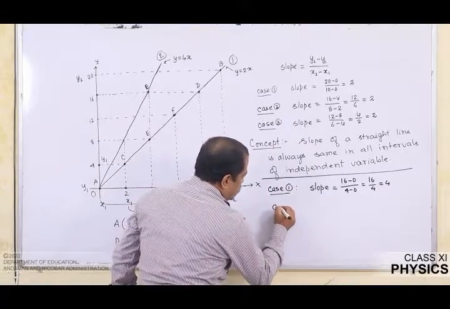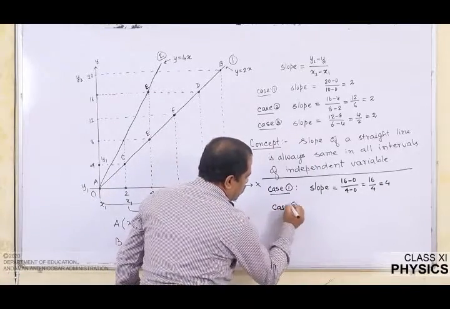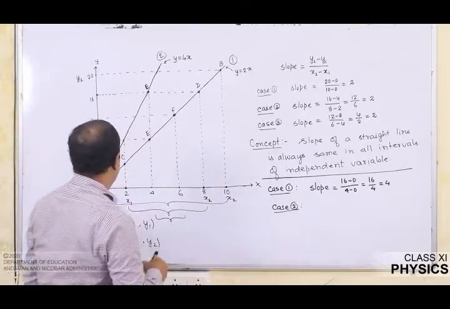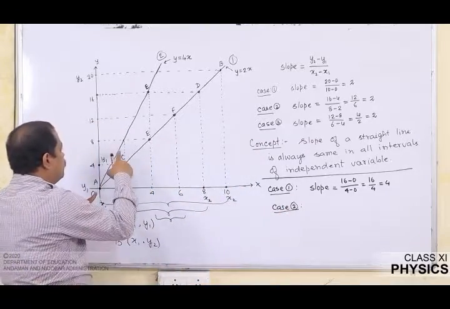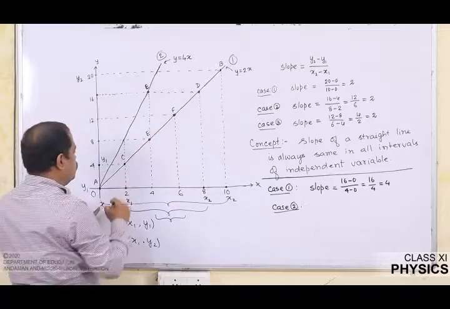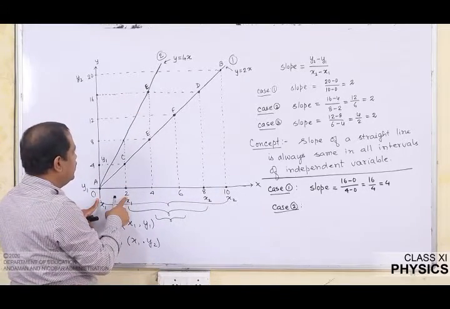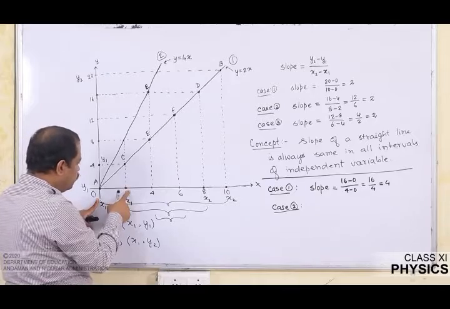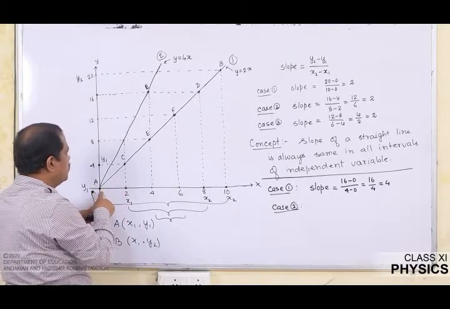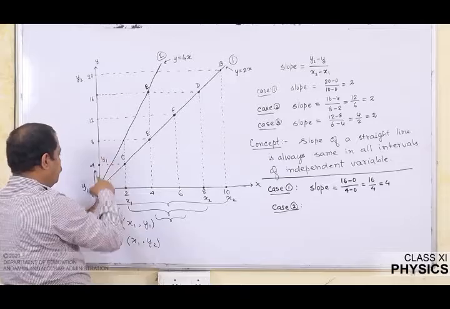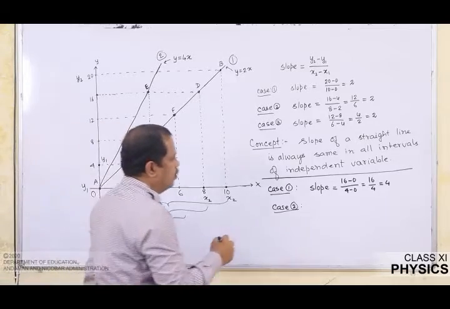Case 2 I want to consider here, and I want to see the slope of line 2 in the interval 0 to 2. In that case x2 is 2, x1 is 0, and y2 is 8 and y1 is 0.